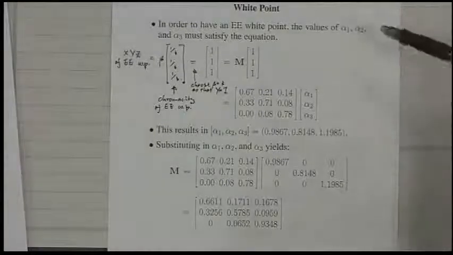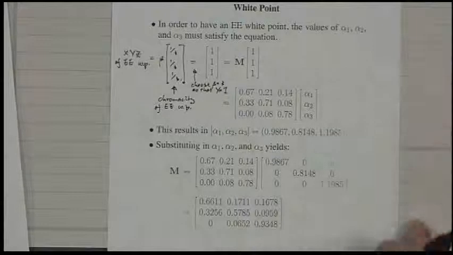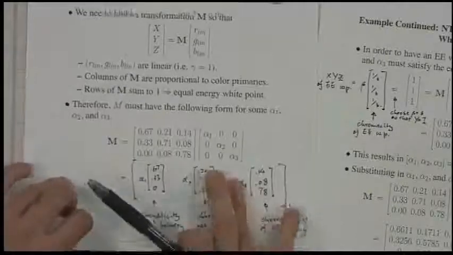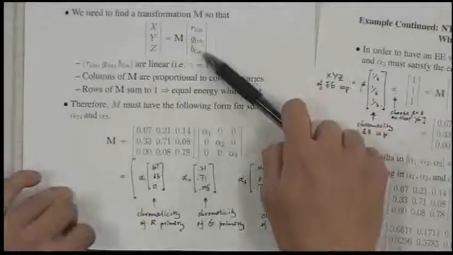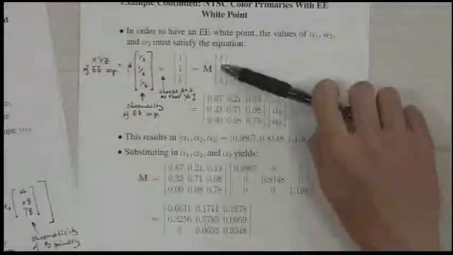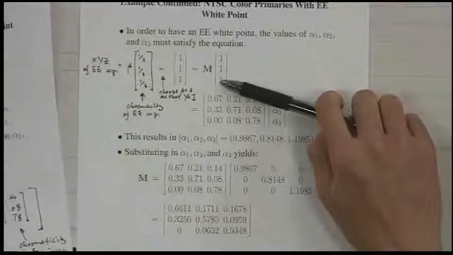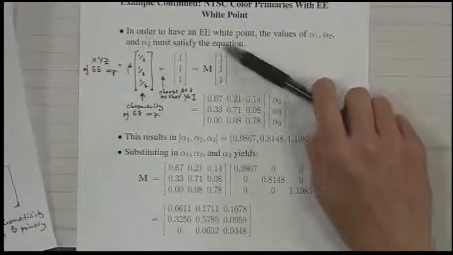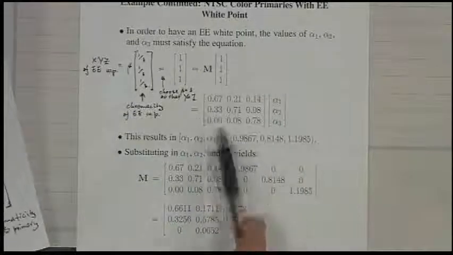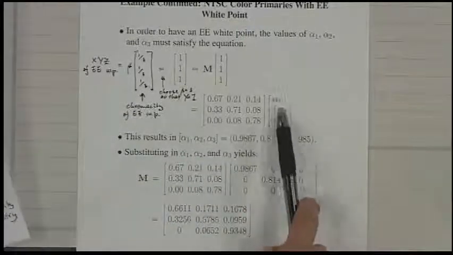Okay, we got this form of M. And now, let's say we consider the RGB value equal to 1, 1, 1. Then if we multiply this RGB value by M, we get something like this, the first matrix times the vector alpha 1, alpha 2, alpha 3.